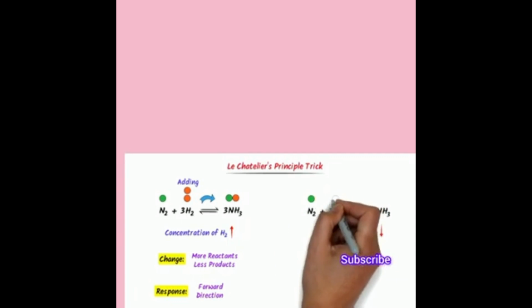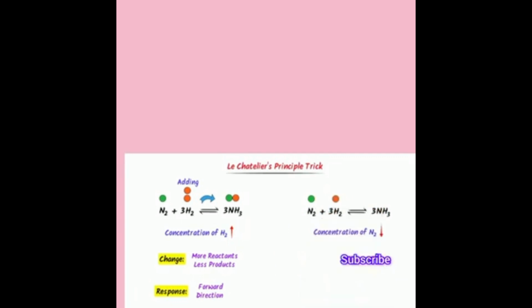Secondly, I again write X and Y atoms. They react together to form XY molecule. Now listen carefully. When we decrease the concentration of nitrogen gas, it means that we are reducing or removing nitrogen gas. Here, if I ask you what is changing and what is the response of the system, your answer is simple.